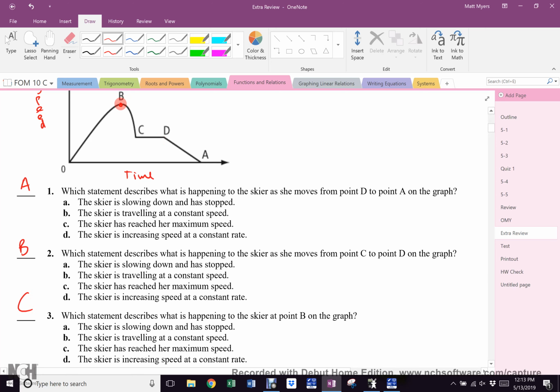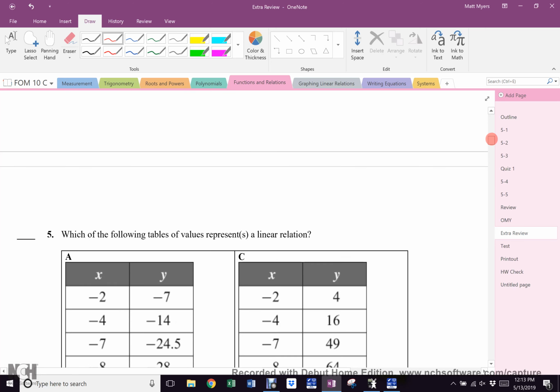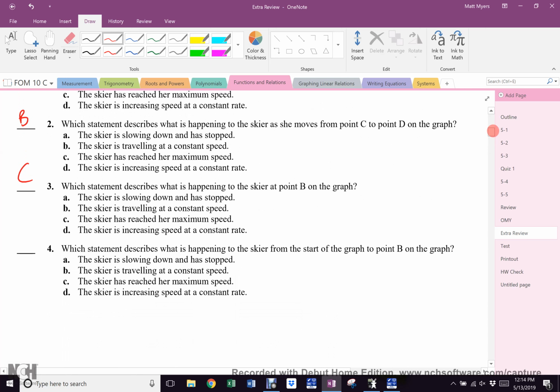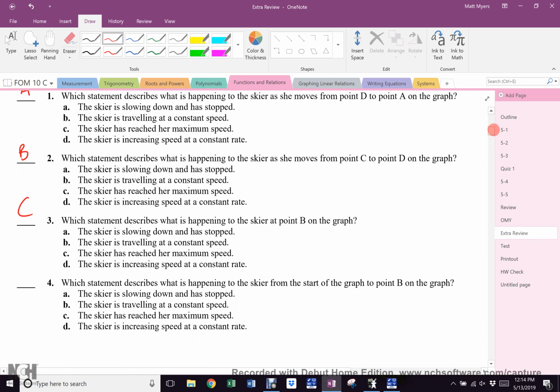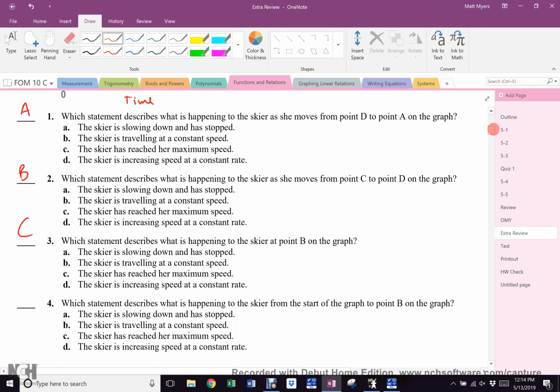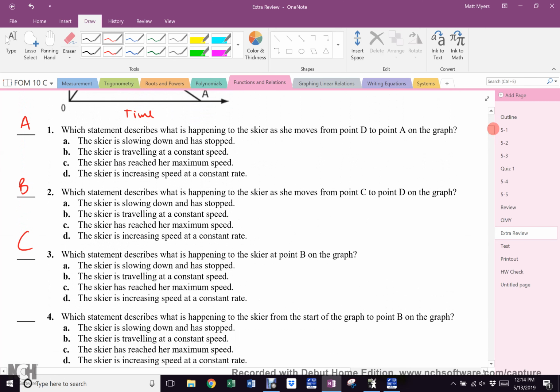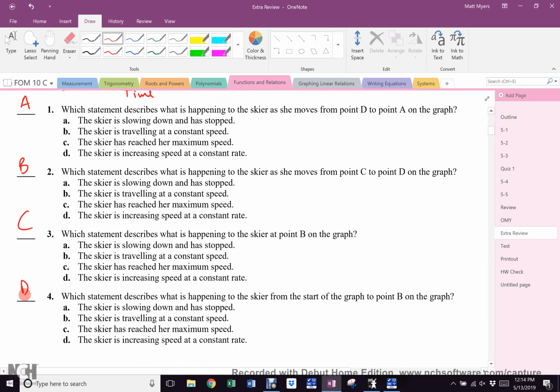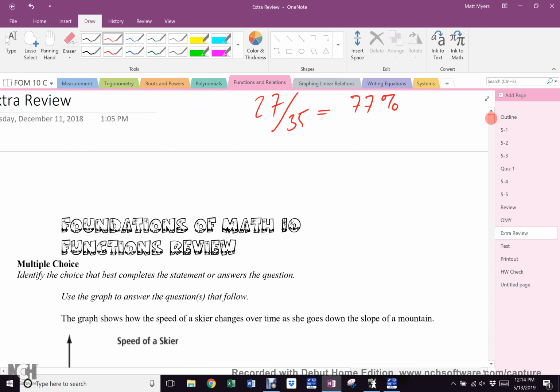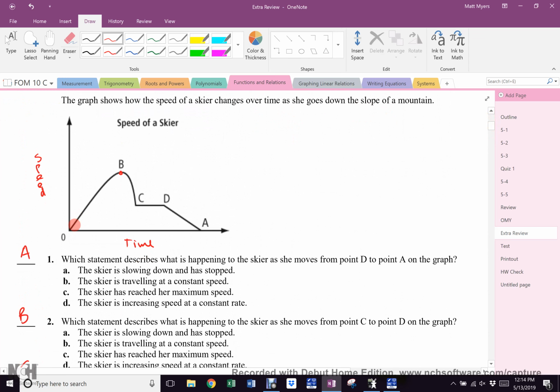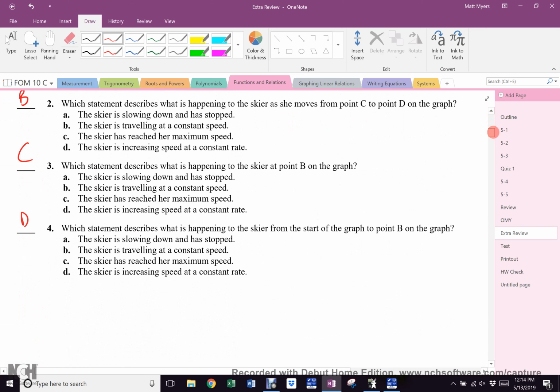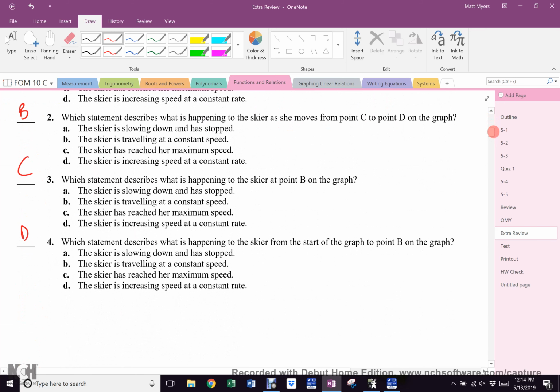Right? And number 4, what happens from the start of the graph to point B? D. The skier is increasing speed at a constant rate because it's a pretty straight line. So that's out of 4.